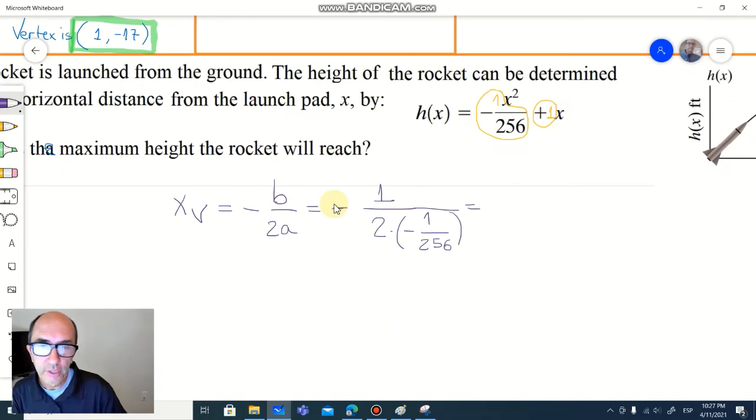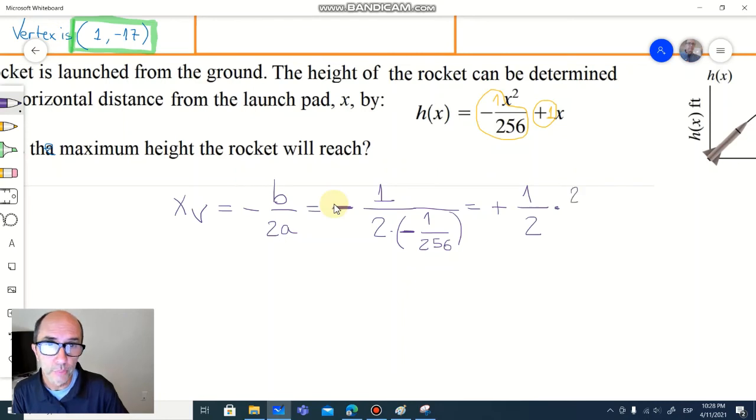When you have a fraction in the denominator, well, first let's check the sign. We have negative and negative, right? It's going to be a positive. Now we have 1 over 2, and when we have a fraction in the denominator, we can do this operation by inverting the fraction and multiplying. Remember this?